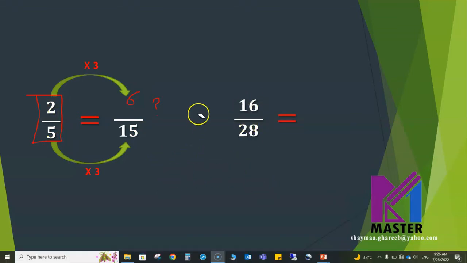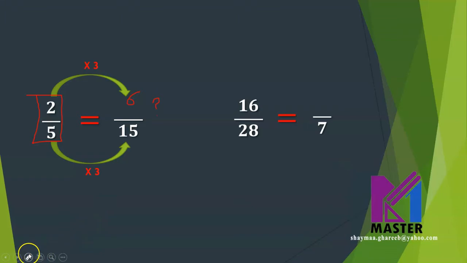Now look at this fraction. 16 over 28 equals what over 7? What did we say before? We are going to start from the given or the complete fraction towards the fraction that has a missing number. The 28 became 7. What happened? The number is getting smaller, which means I will use division.